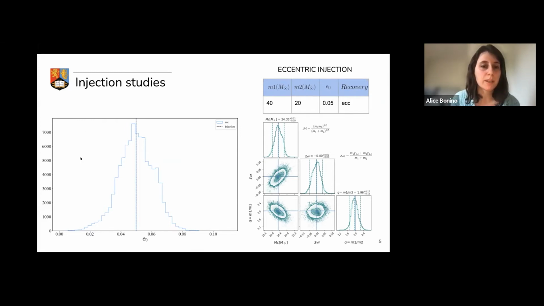For example, you can see here the posterior distribution of the eccentricity, and you can see that I recover the parameter I injected, and the same happened for the other injected parameters. I also see that there is a correlation between the chirp mass and the spin, which is what we expect. So it seems that the model is working well.